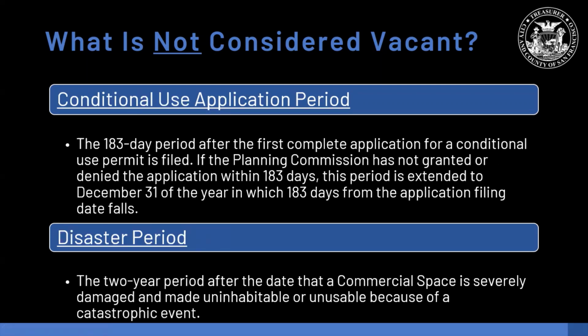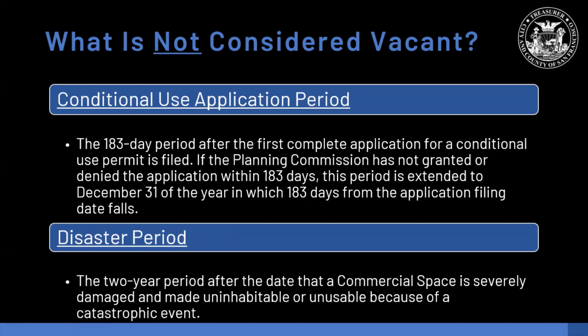The two other periods when a commercial space is not considered vacant are the conditional use application period and disaster period. Conditional use application period is the 183-day period after the first complete application for a conditional use permit is filed.